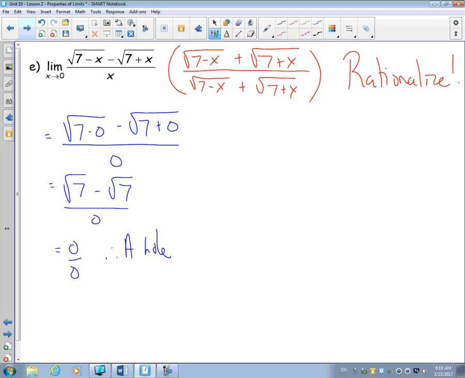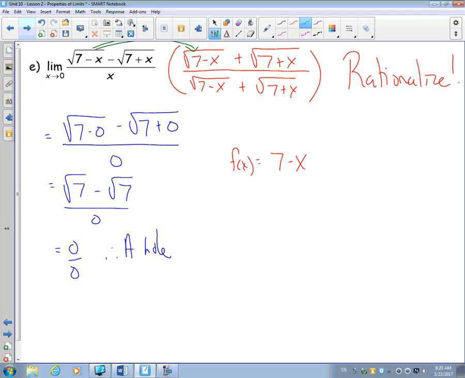Okay, so we're creating a new function. We'll call this f of x now. What are we going to get on top? Well, think about FOIL here, okay? So we're going to do this times this. The root times itself cancels the root out. We've seen that before.